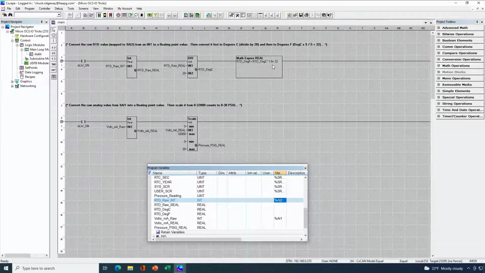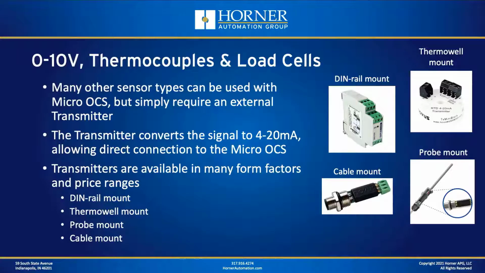Okay, let's head back and take a look at other types of sensors. Obviously, as popular as RTDs are, they're not the only sensors used outside of the 4 to 20 milliamp realm.